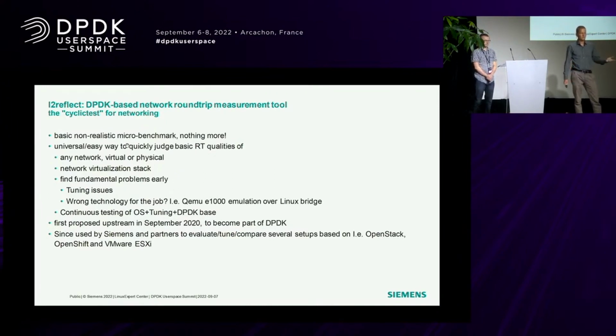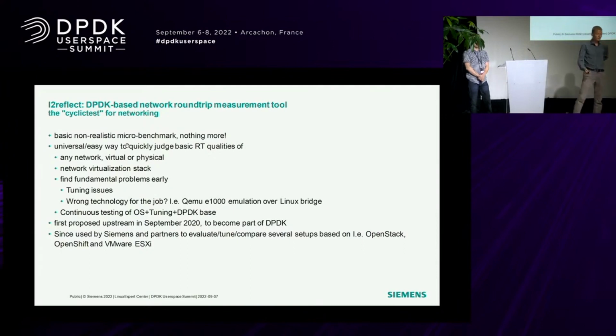Then you add maybe a couple of switches or other delay elements, and you can see what those delay elements add. So it's a tool to quickly judge how fast, in the worst case, a network can transport your packets.